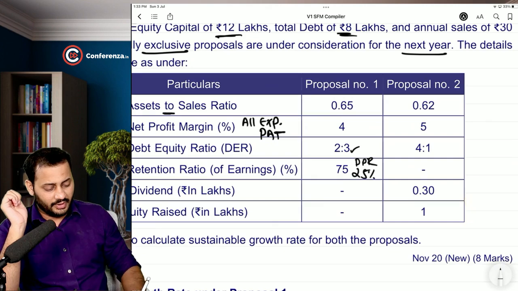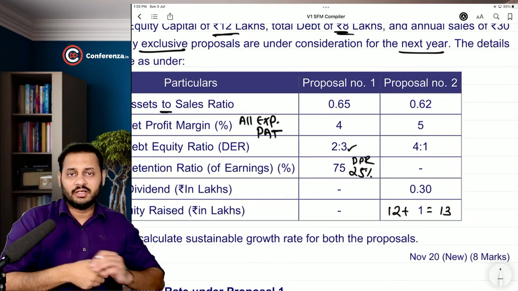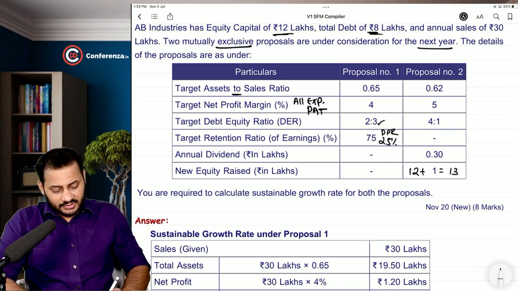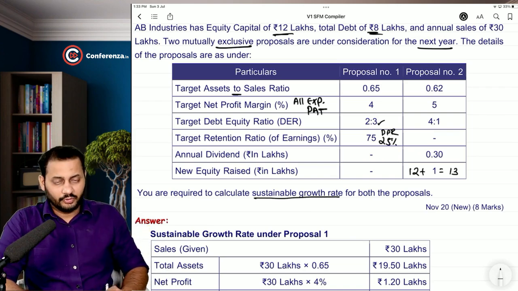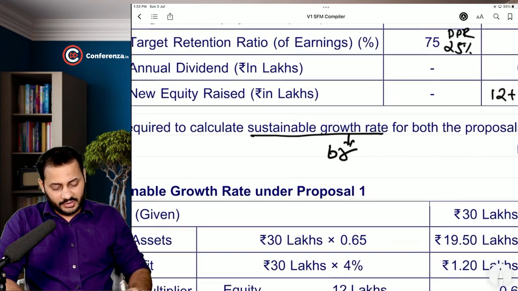So 1 lakh rupees of equity has been newly raised, which brings the total to 13 lakh rupees. Okay. Now you are required to calculate the sustainable growth rate for both the proposals. And the formula for growth rate is nothing but B into R, where B is the retention ratio and R is the return on equity.